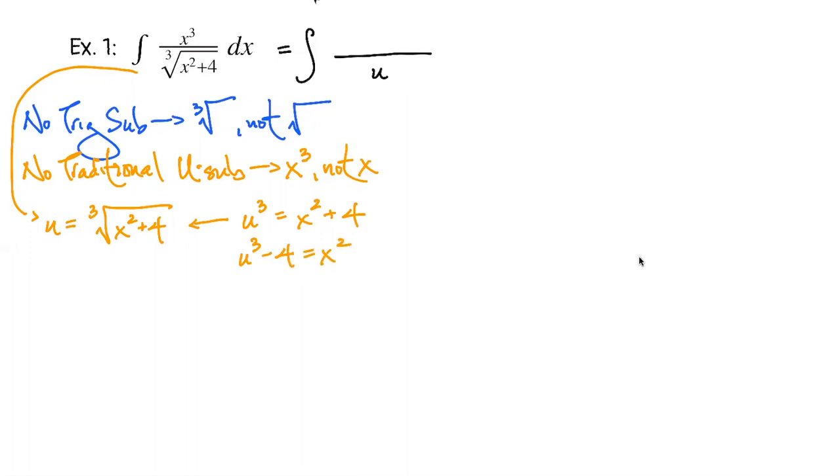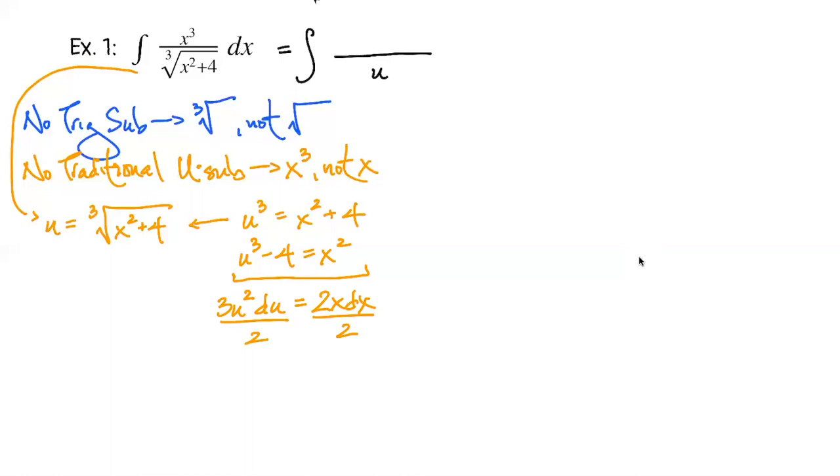And now I'm going to take the derivative of both sides. On the left-hand side, we'll have 3u squared du. The derivative of 4 is 0, and that equals 2x dx. And I'm going to do one last thing, which is divide both sides by this 2.